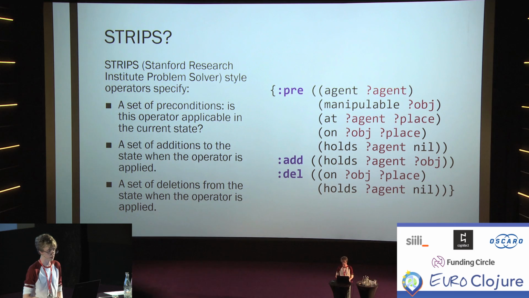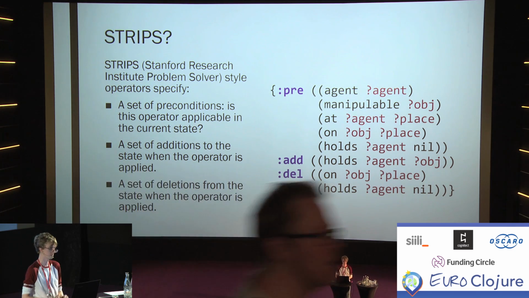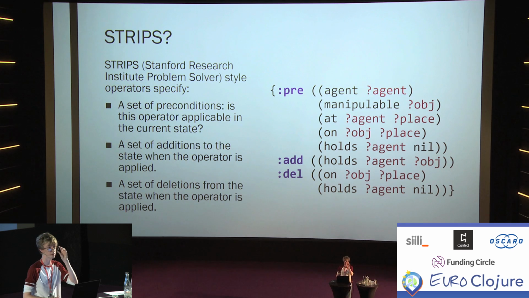It doesn't matter if our name is Frank and we're picking up a keg of beer in the kitchen, or whether our name's Hannah and we're picking up our laptop in the library. It doesn't matter. We can write one operator, and we can apply that in many different world states to achieve a whole variety of different goal states.